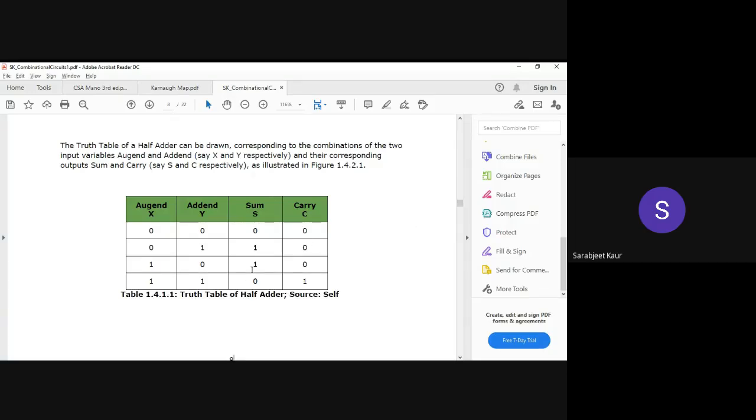But in this case, let's see this carry. Here you can see that I am simply getting a single one. Yes or no? Yes, ma'am. It is going to be a two variable Karnaugh map. Let me draw it for you.